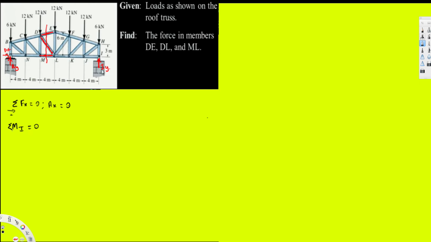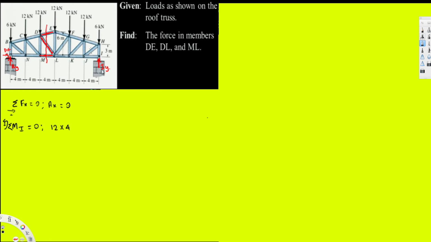Taking counterclockwise as positive, the 12 is pushing this object counterclockwise, so it's plus 12 times 4. All of them are plus because they push counterclockwise, except AY, which pushes clockwise, so it's the only negative value.